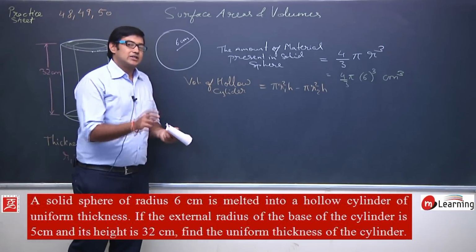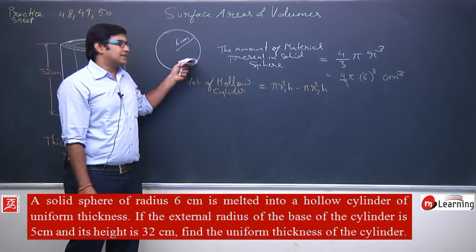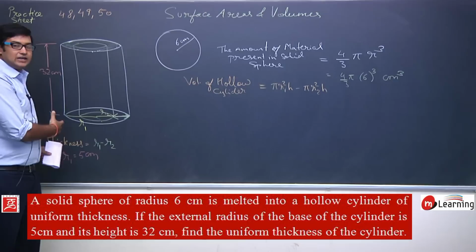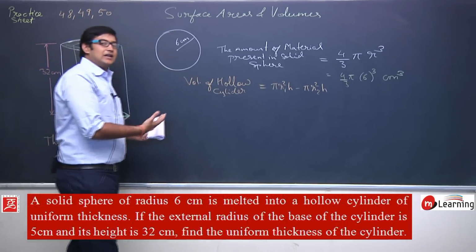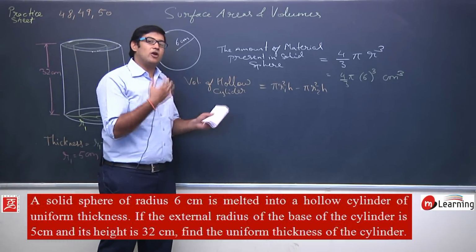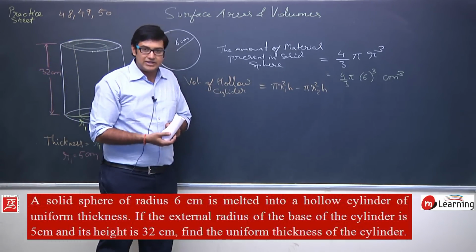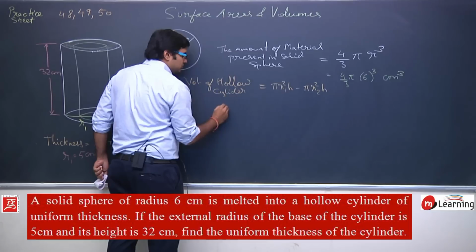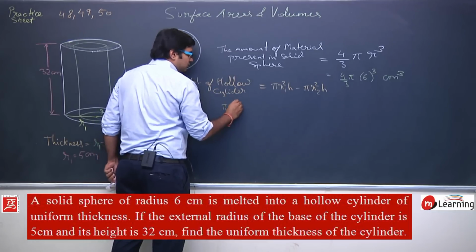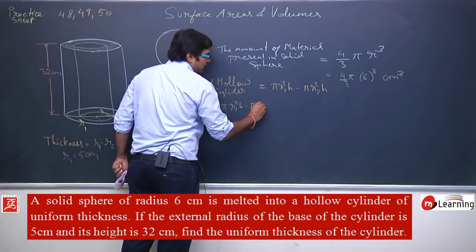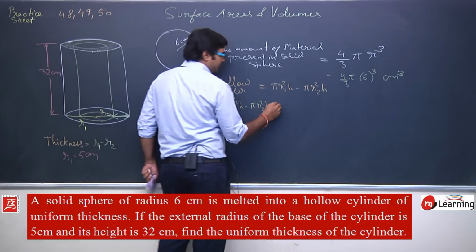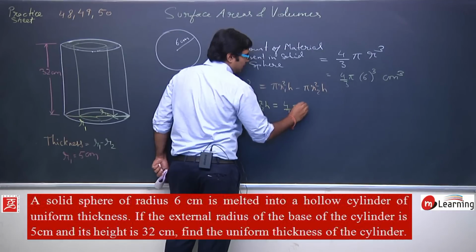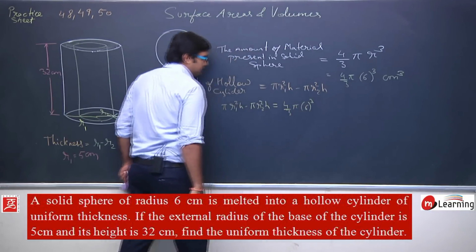Now since the material that was contained inside the sphere is completely used to make this hollow cylinder, in the conversion of solids the volume, the amount of material, will remain the same. So I will equate these two values. I will get pi r1 square h minus pi r2 square h is equal to 4 upon 3 pi 6 to the power 3.